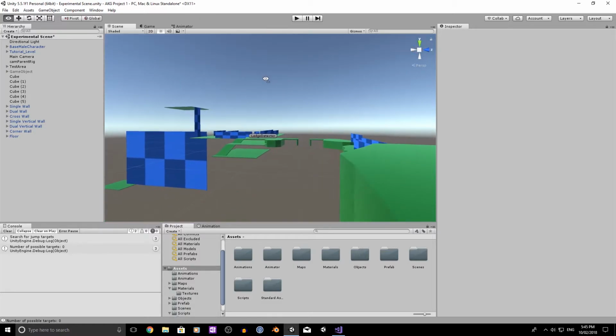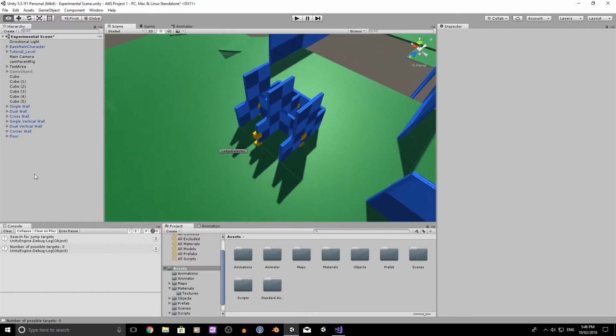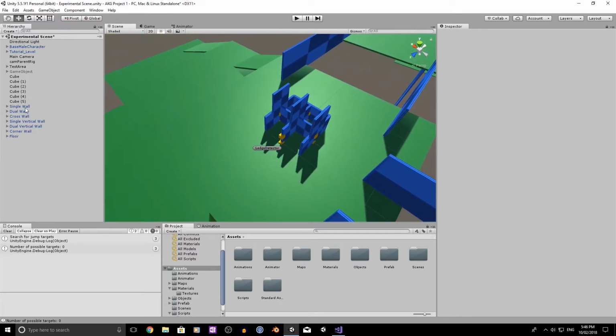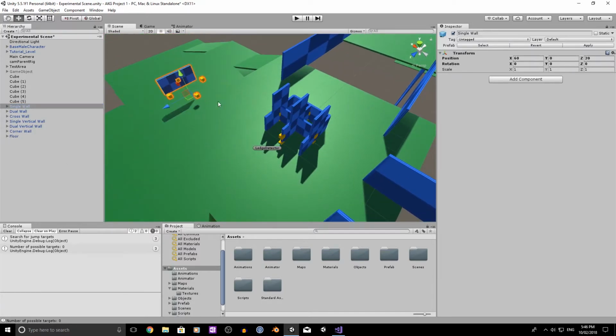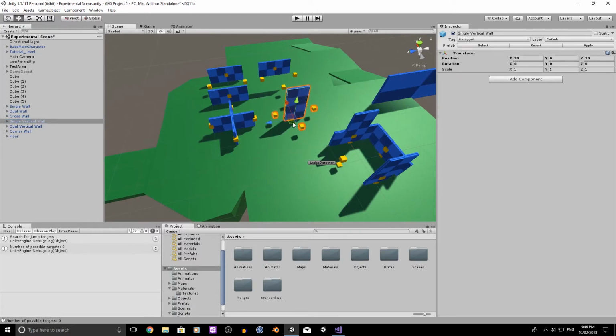And I would like to eventually get a map creation, dungeon style editor, or editor creator. Editor creator is probably the better way to say that.